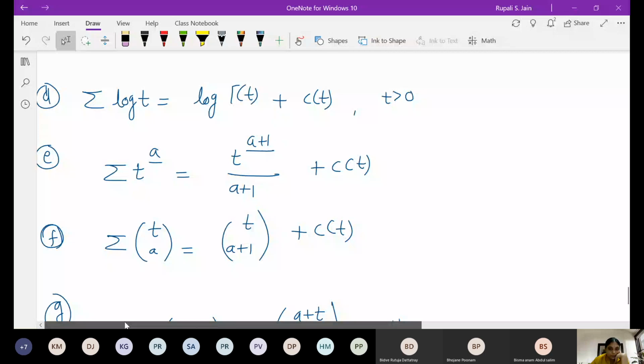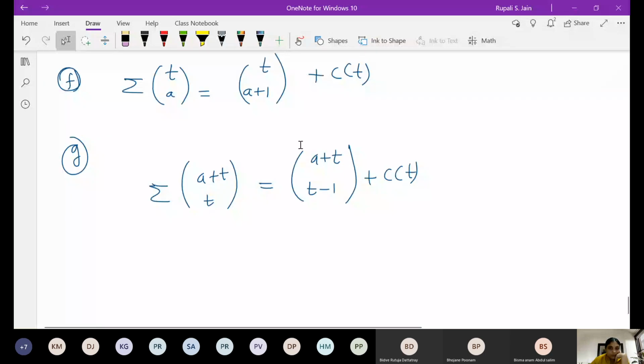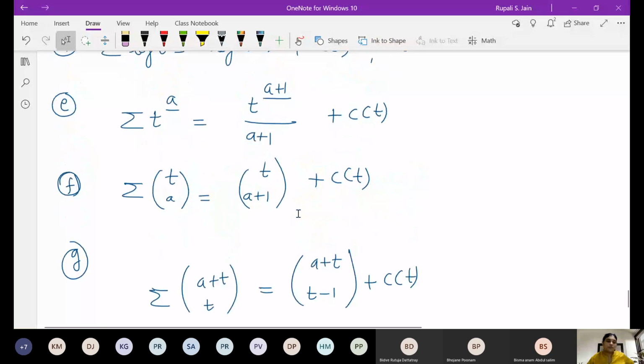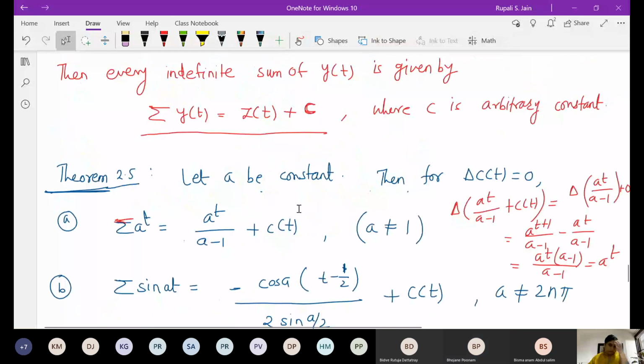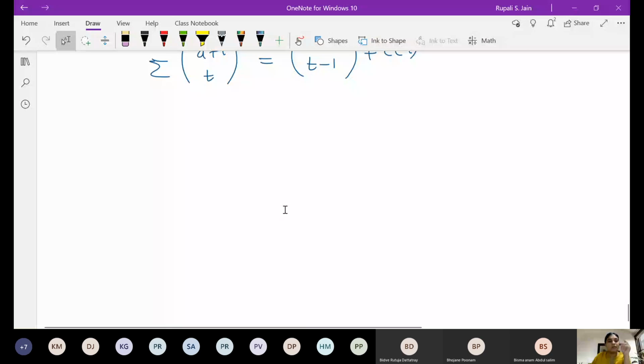Similarly, this property we have also proved: delta of a plus t minus 1 is a plus t. If I take delta on both sides, delta and summation get cancelled, and I get a plus t. Here also I will get a plus t, because delta of c of t is already 0. Can you prove this on your own now? You can take this as homework. You just have to rewrite theorem 2.2 in the proper way.